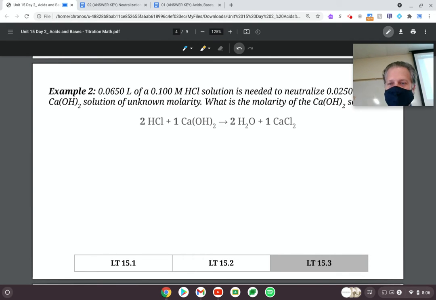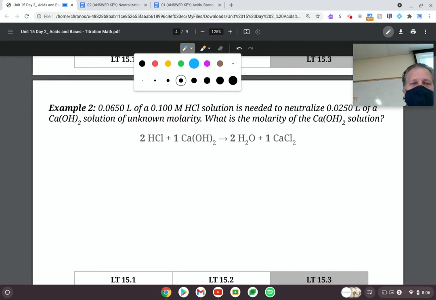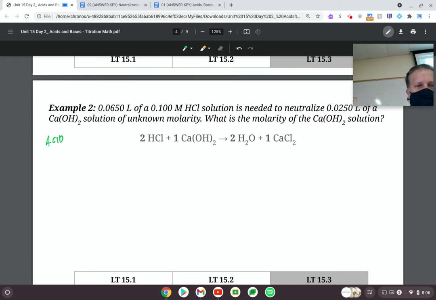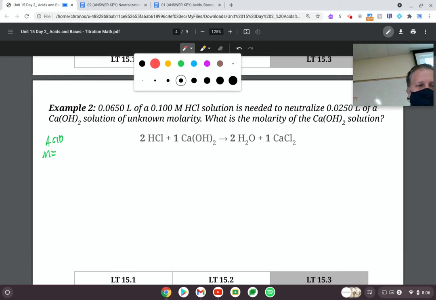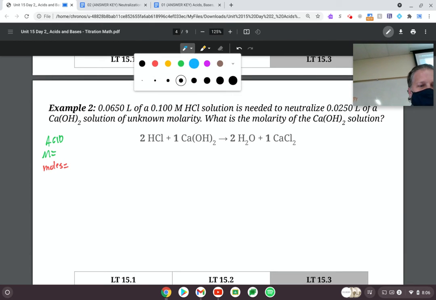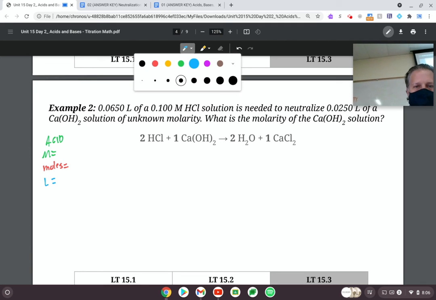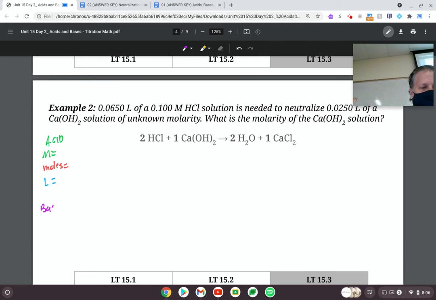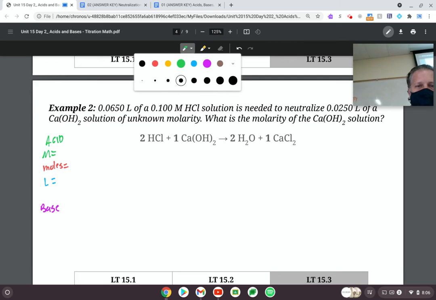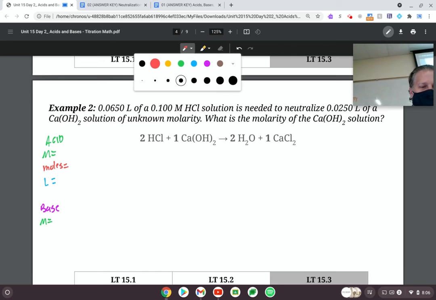All right, so I'm going to read my problem here. So we got liters of acid and liters of base, and we've got molarity, we've got moles.